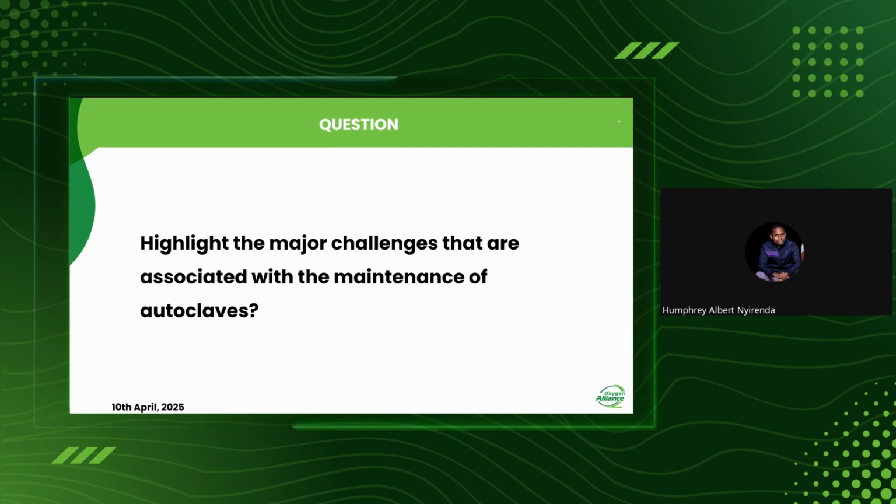So you find out maybe the pressure in the jacket is just building up. Maybe you set it to 110 kPa, but it goes beyond that. The design of the autoclave is embedded with a relief valve, and when the pressure is above the normal set range, the relief valve has to open.